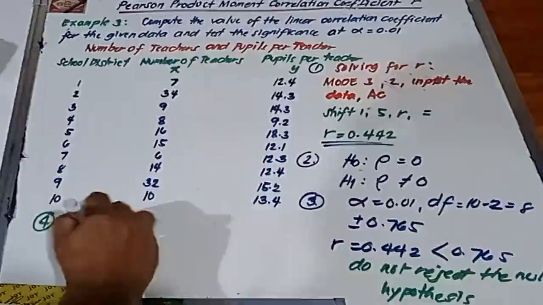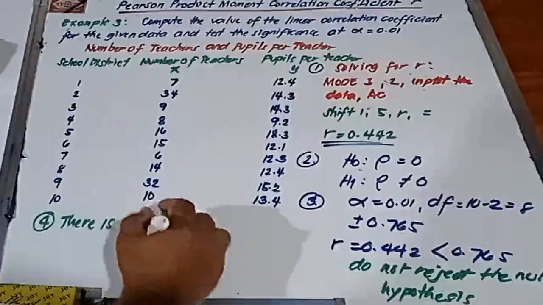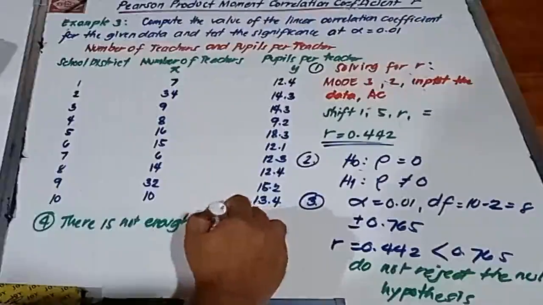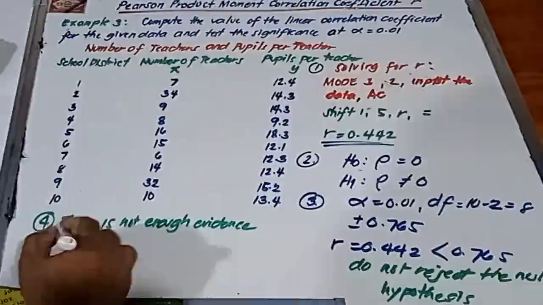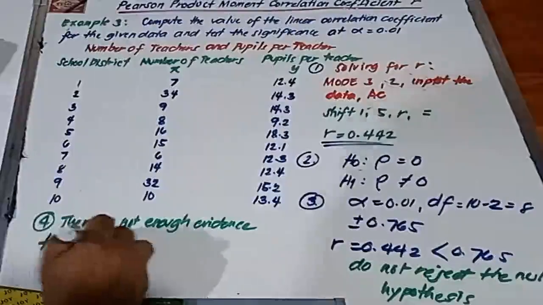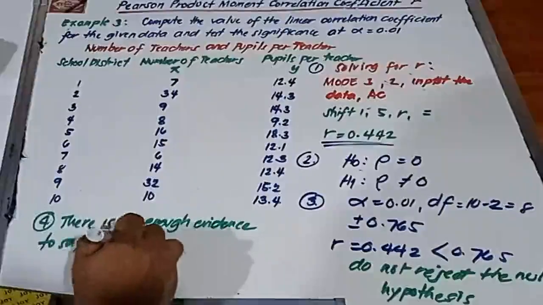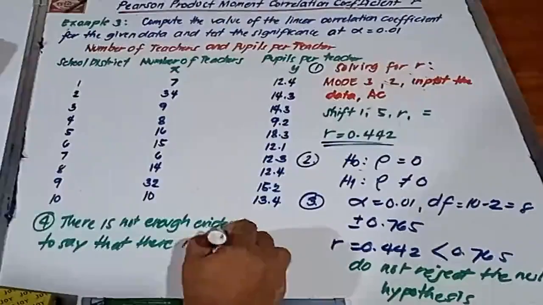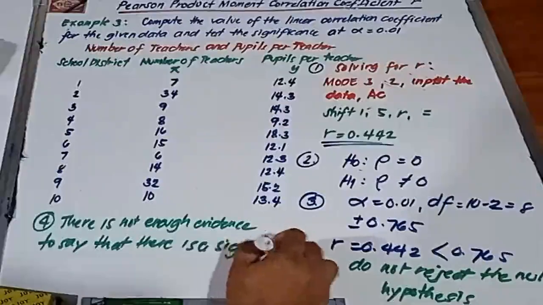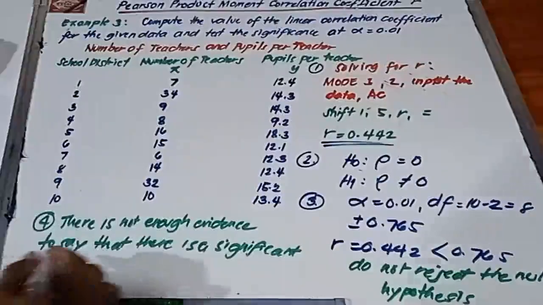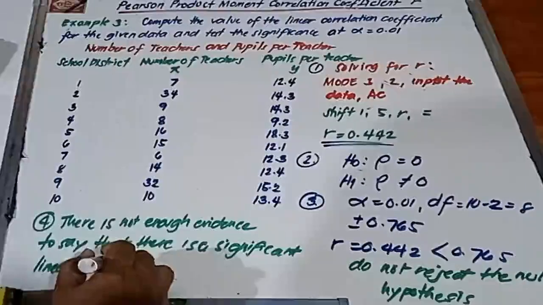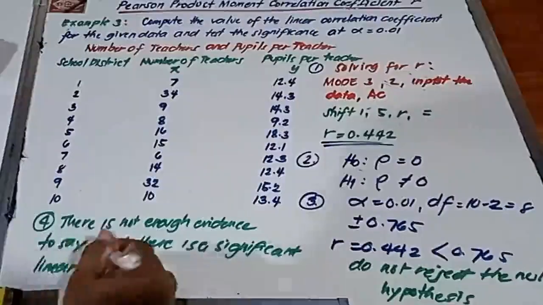There is not enough evidence to say that there is a significant linear relationship.